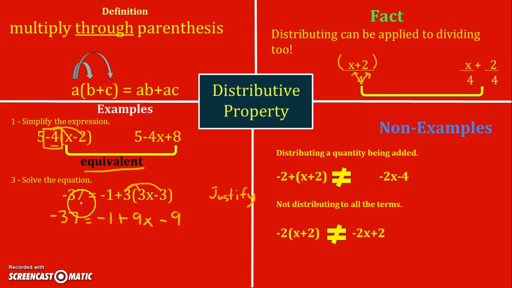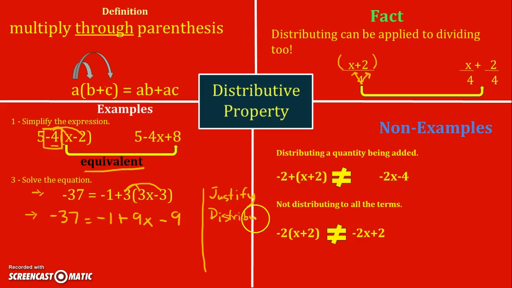So you can see now that we've got a new equation, but it's the same exact equation, just written differently. Well, what's the justification for writing this new equation? What did we do that was different, or how did we go from here to here? Well, all we did was distribute.